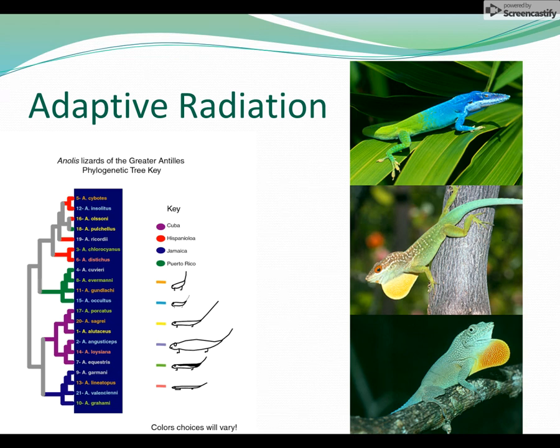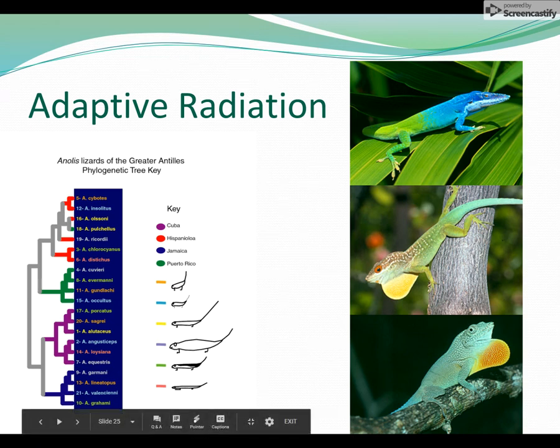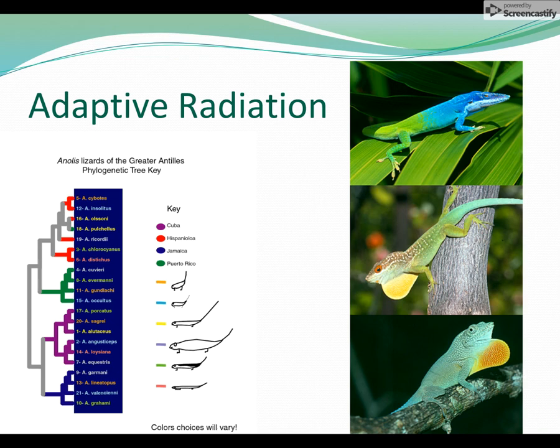As they diversify, they start to look very, very different from each other. And that's what adaptive radiation is all about: you get a wide variety of body plans and a wide variety of traits, even though they're all very closely related.